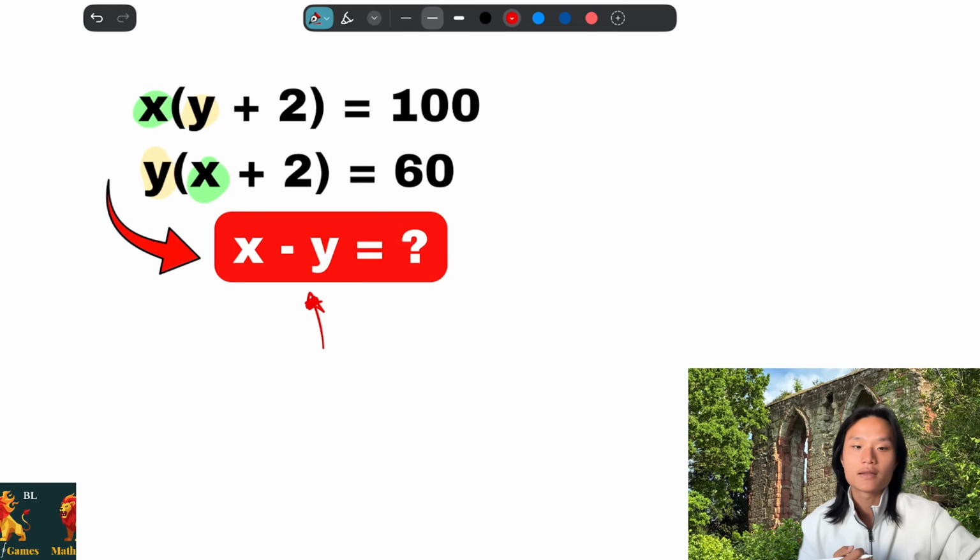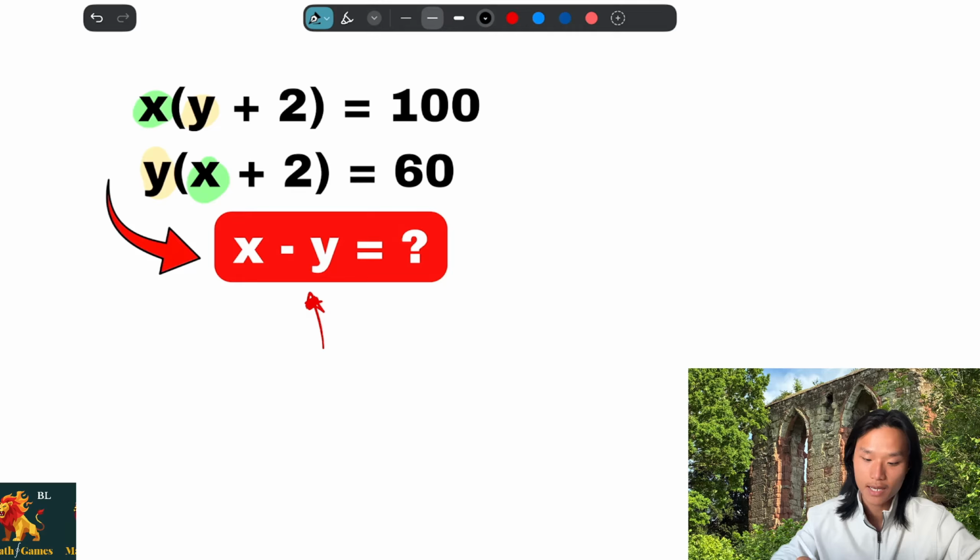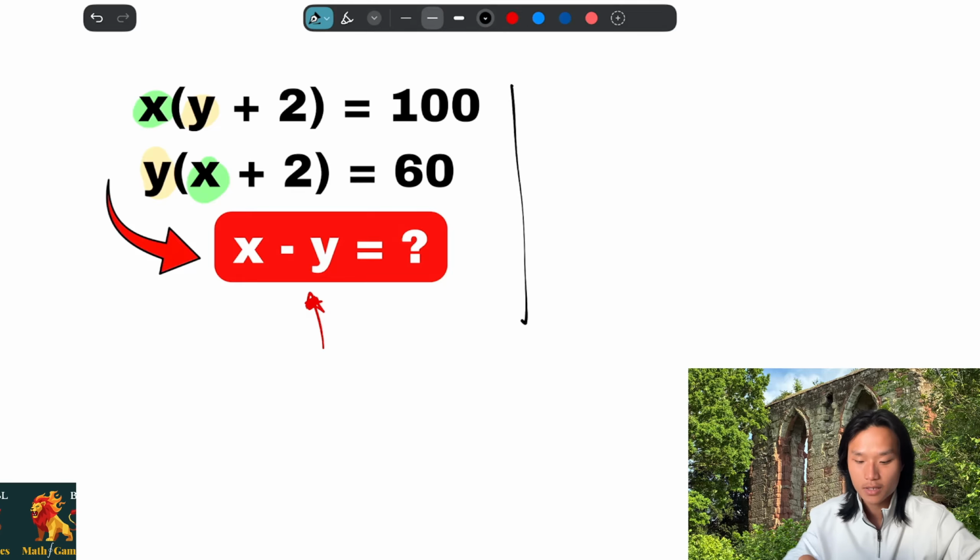Before we begin, notice that we are asked to find x minus y instead of the individual values of x and y. So let's keep that in mind and try to solve it.